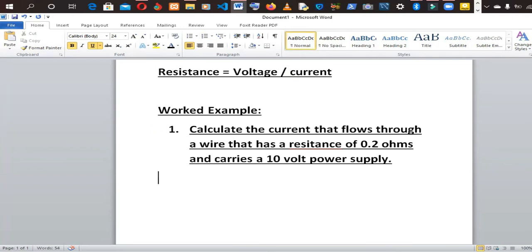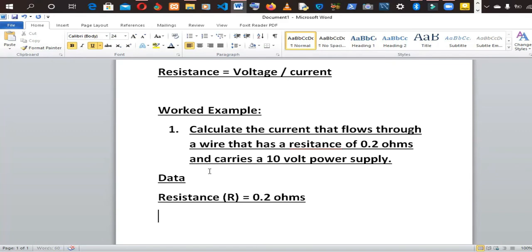From this one we have to make sure that we collect the information that we have been given in the question. The resistance, which we have as R, equals 0.2 ohms.